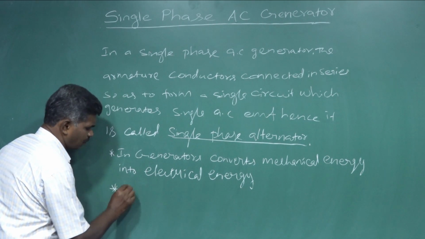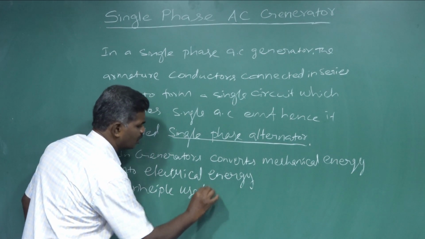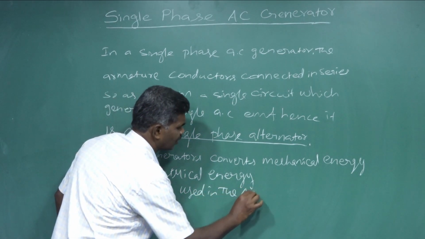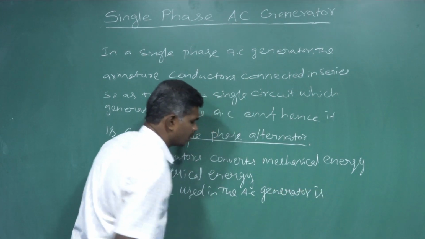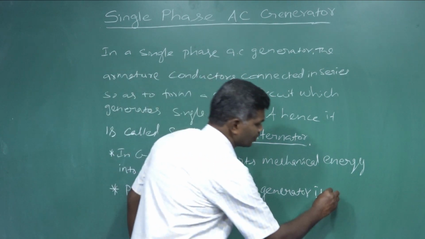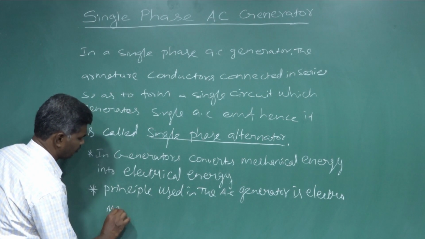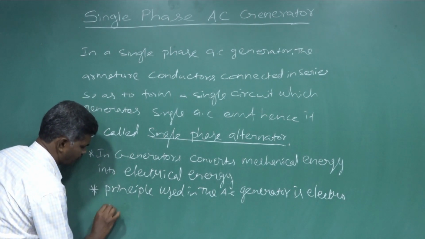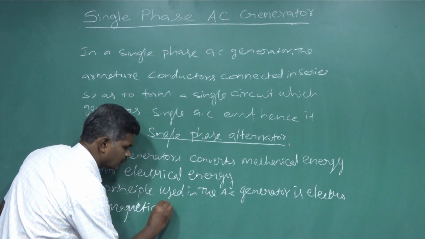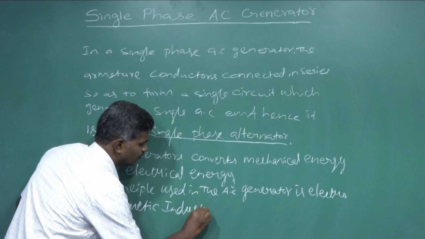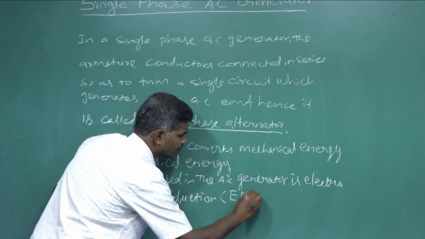So the principle used in an AC generator is electromagnetic induction, shortly named as EMI.